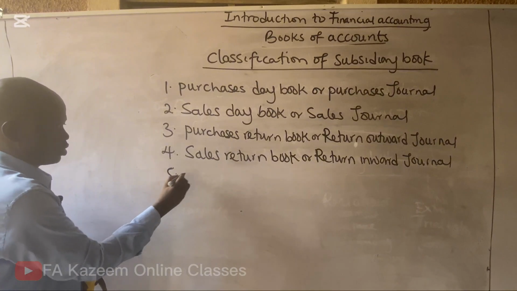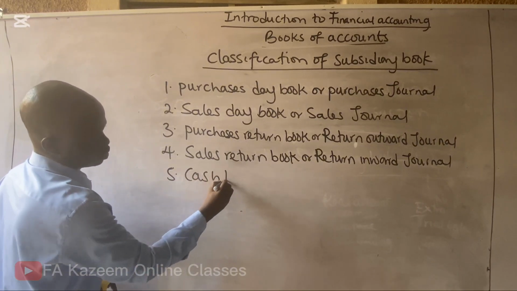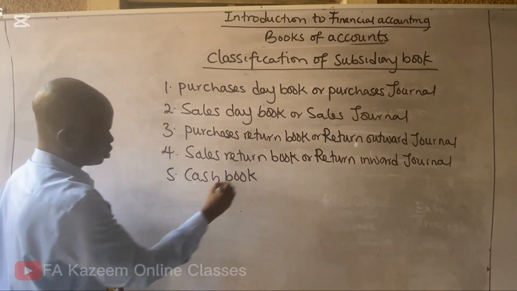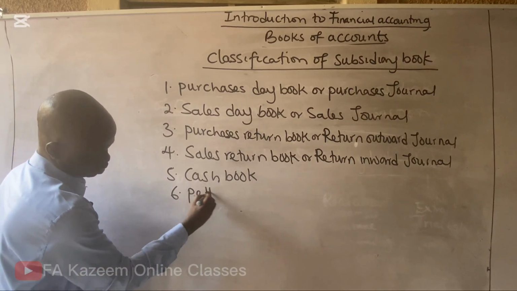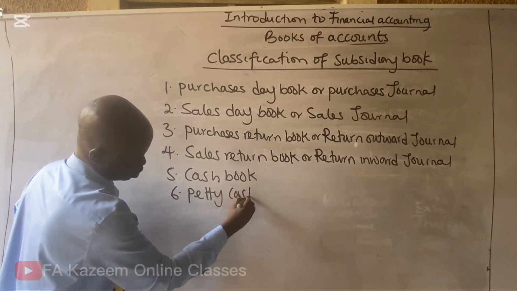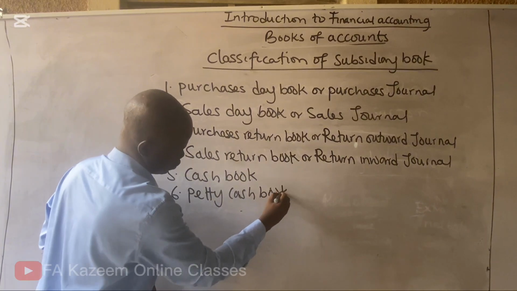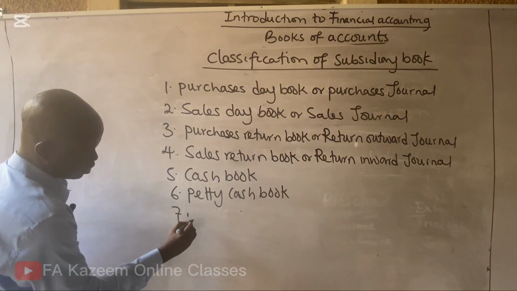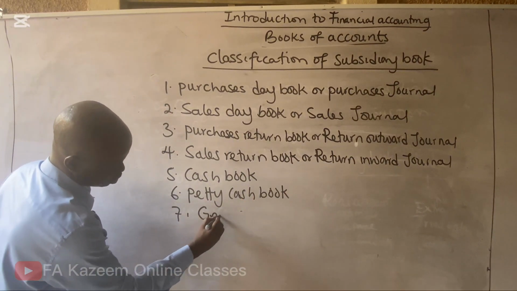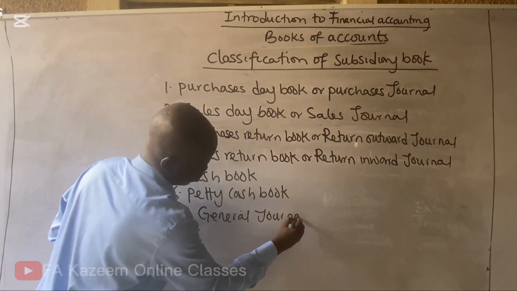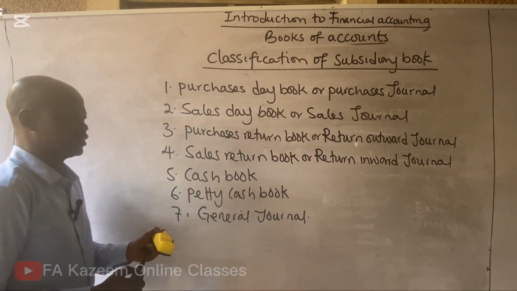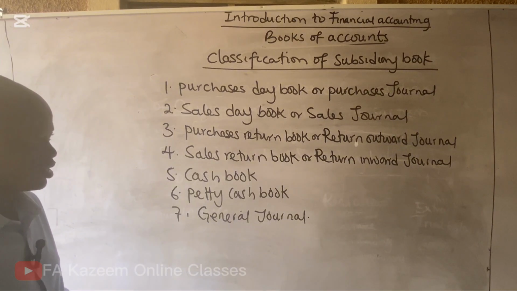Five, we have the cash book. Six, we have the petty cash book. And lastly, we have what we call general journal. These are the seven subsidiary books.